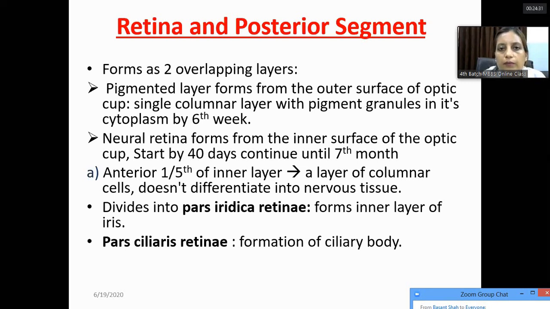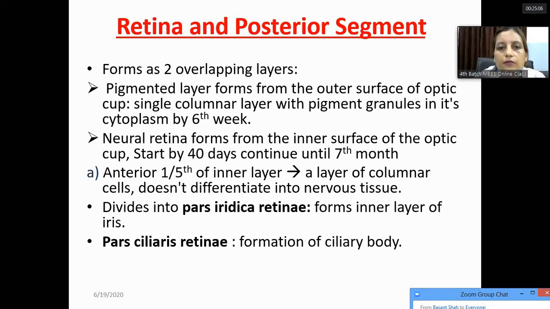Now go back to the first 4-5 slides where you have seen the optic cup. From the outer surface of the optic cup comes one single columnar layer with pigment granules, the pigmented layer, and the inner surface forms the neural retina.